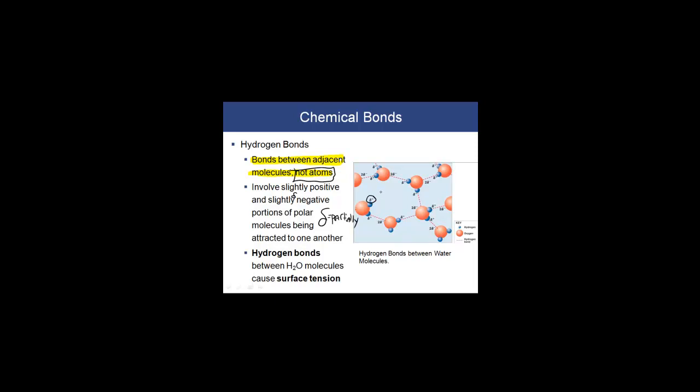And we would read this as partially positive. We would read this as partially negative. So it is the attraction between molecules that have a partially positive side and a partially negative side to them.